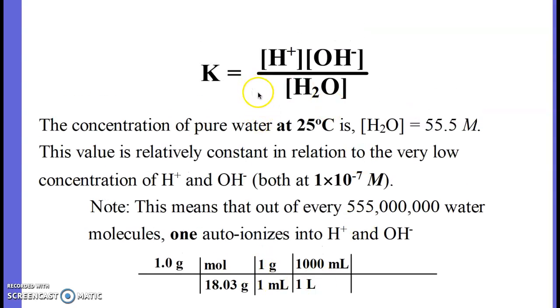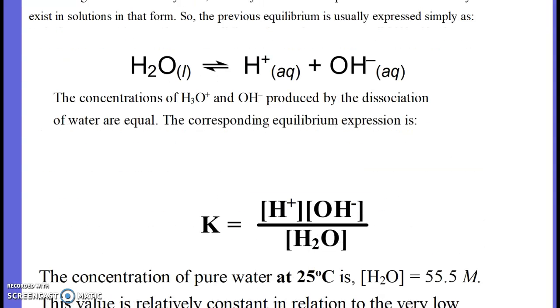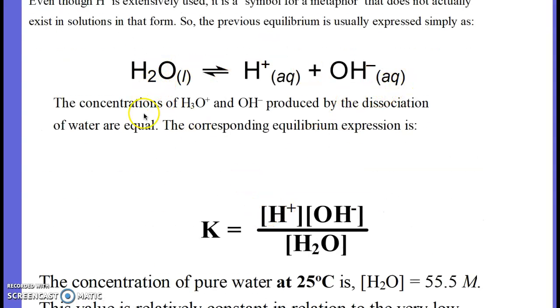If we think about this chemical reaction happening, and we think about the concentration, the constant of dissociation for water, here we have our concentration of the reactants on the left, it's our water molecule, and our products, hydronium and hydroxide, simplified, of course.